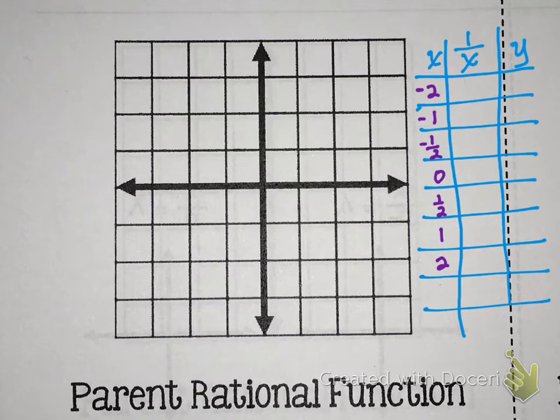Okay, so picking up with graphing this, if we put in 1 divided by -2, then my y is -1/2. So we'll plot these points in a minute. Then I'd have 1 divided by -1 is -1. Then I have -1/2.